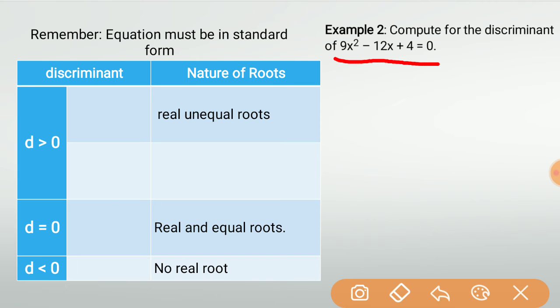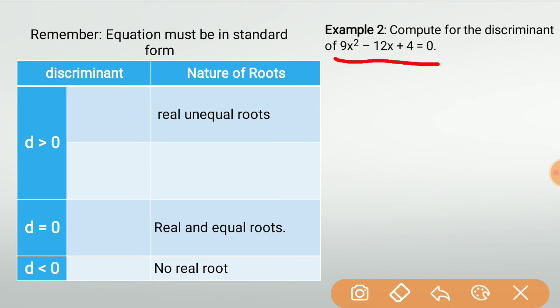So in order to find the discriminant of this equation, first we need to see whether the given equation is in proper standard form or not. If you observe the equation, 9x square is ax square, minus 12x plus 4 equals 0. So this equation has 3 terms.